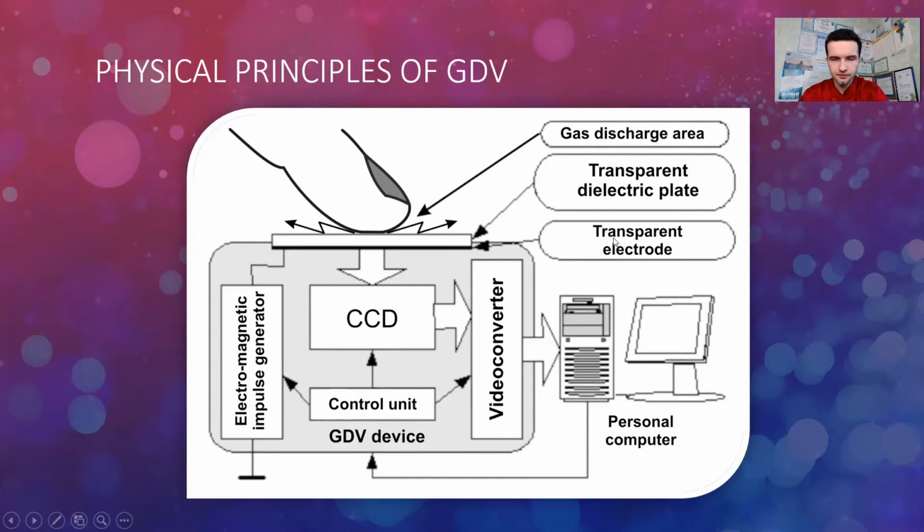So there's a transparent conductive layer underneath the glass to which the high voltage impulses are being sent by the electromagnetic impulse generator that is inside the GDV device. The glow that is being created in the air is being photographed by the video camera and then transferred as a digital image to the computer.